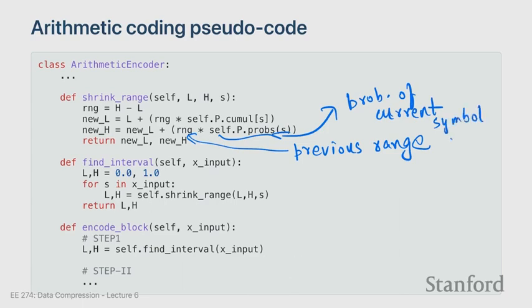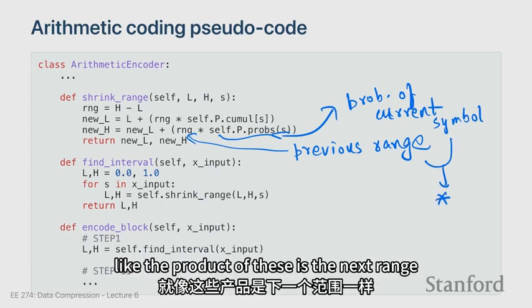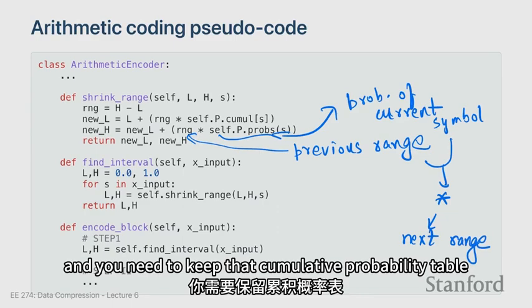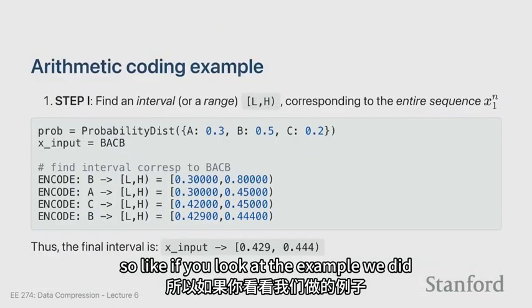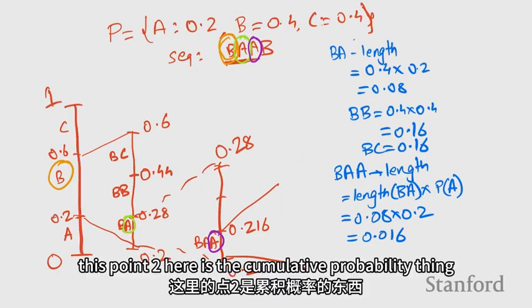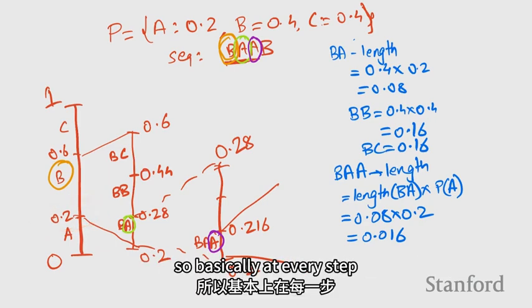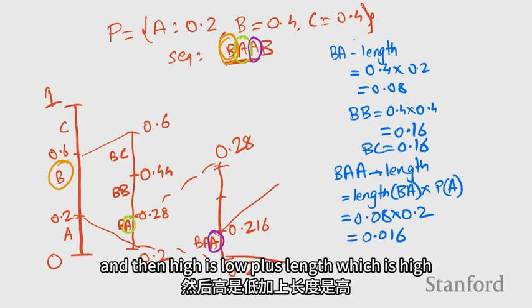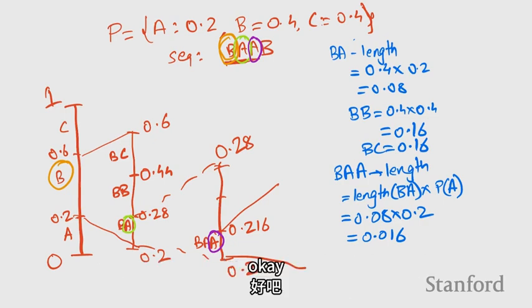And the product of these is the next range, right? And you need to keep that cumulative probability table because you need to know where you start, right? So if you look at the example we did here, right? This 0.2 here is the cumulative probability thing where you need to know, so basically at every step you need to calculate the low, you need to calculate the length, and then high is low plus length. Okay.